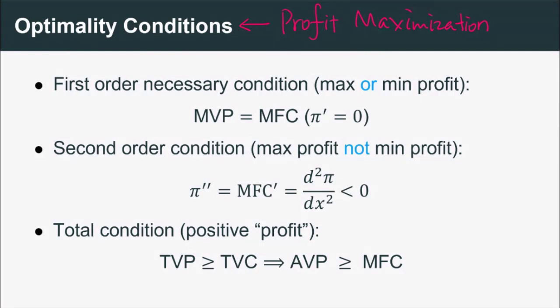The first two conditions I will classify as the math conditions. If I give you a production function, the output price and the input price, then you will be able to find out the profit. Since this is from the input side, your profit will be a function of your input.